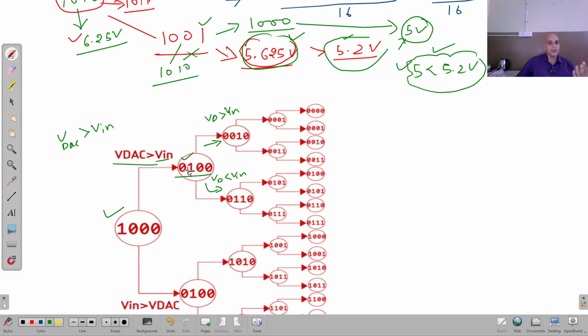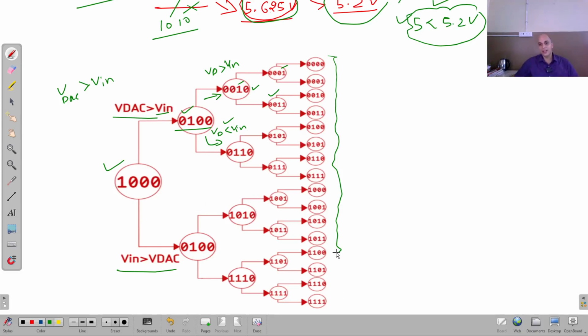I mean, then we will get 0, 1. This bit will also be set to 1. Again, here we will do the comparison. Same thing: if V_DAC is greater than V_in, the next bit, this will be set to 0, and the next bit will be set to 1. But if it is higher than V_in, then this bit is set to 1, and this bit also is set to 1.